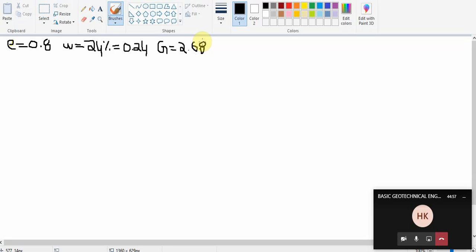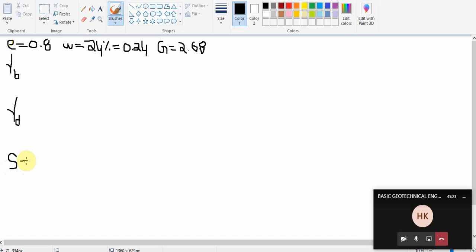So this is given in the question. We have to find bulk density, dry density or dry unit weight, and degree of saturation.